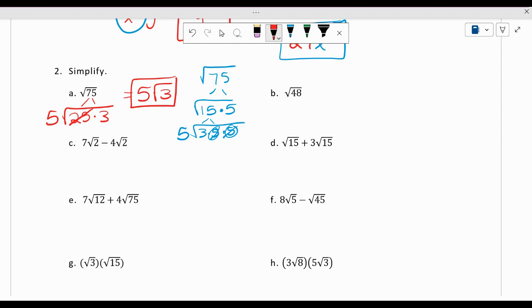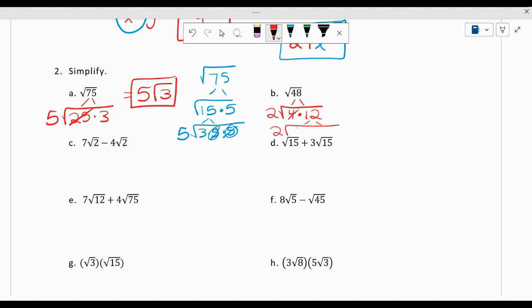In letter B, radical 48. What are two numbers that multiply to 48? The two that come to me are 4 times 12. I do not have any perfect squares, or technically I do. 4 is a perfect square. Square root of 4 is 2. But I also have to break up the 12.